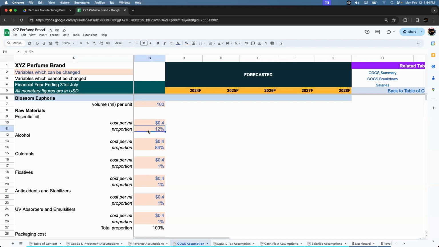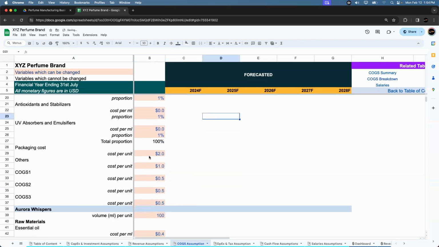Let's say you don't have a manufacturing business. In that case, you don't have to basically bother about this. You can just make this zero. After making it zero, let's say you just have packaging cost, other costs, and the cost to buy the item.